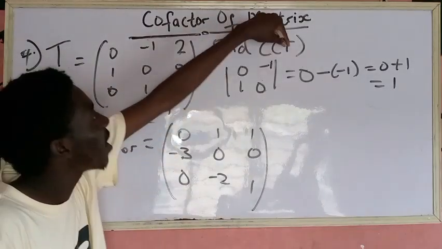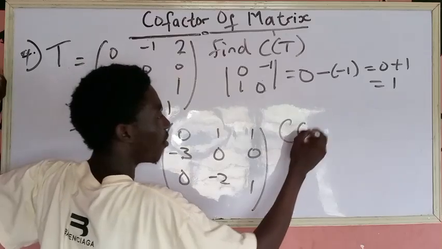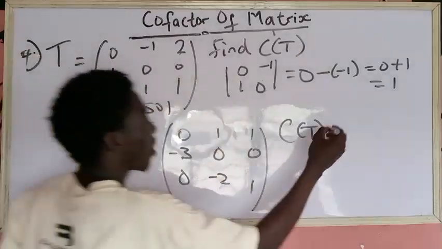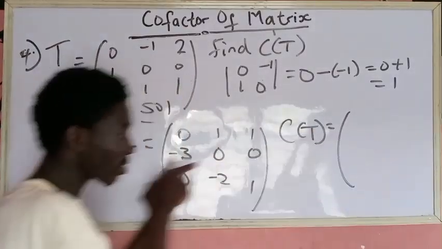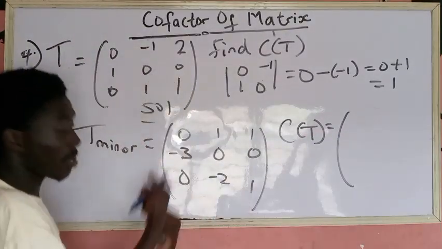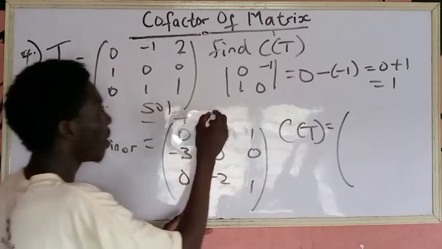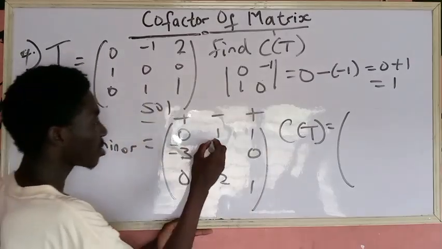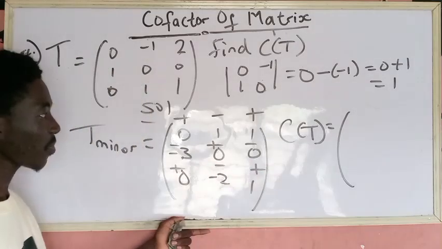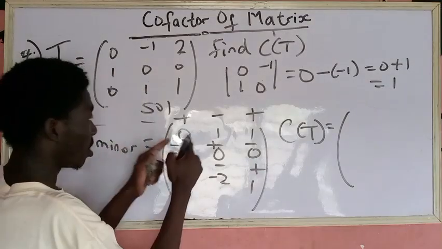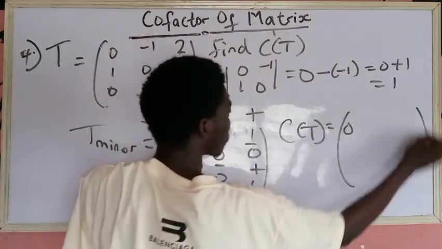But what will now be the cofactor of this matrix? The cofactor of matrix T will now be obtained by getting pluses and minuses alternating. In the first row we start with plus, second row we start with minuses, third row we start with pluses. So plus, minus, plus, minus, plus, minus, plus, minus, plus. Can you see that? So that will be plus and 0 is 0.